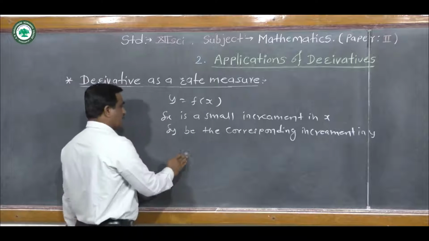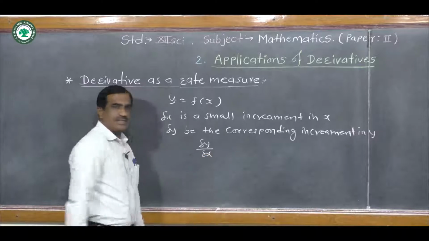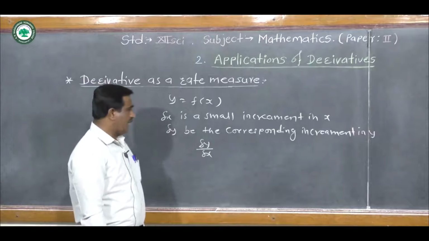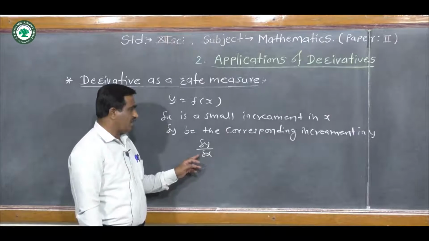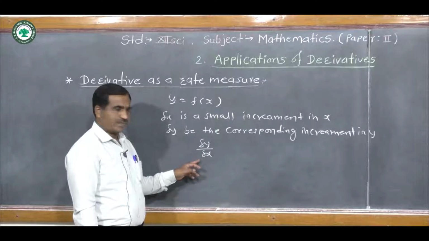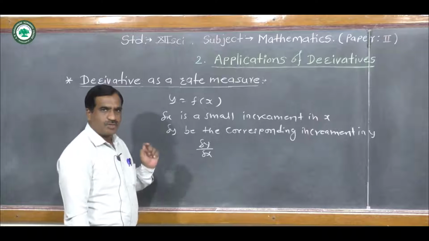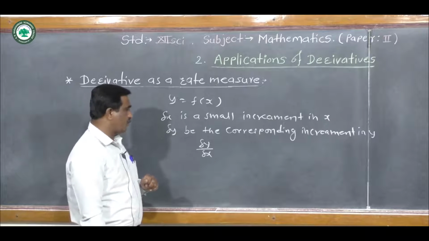Then we can write this ratio delta y upon delta x, an incrementary ratio, and this ratio is called the average rate of change of y with respect to x. Delta y by delta x means average rate of change of y with respect to x.